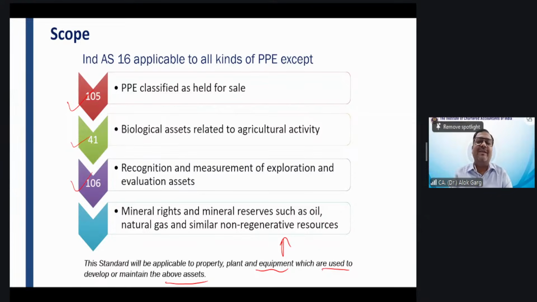So Sai Kiran, in this example, these animals who are entertaining the audience and performing in a circus are not related to agricultural activity. In which standard will these be covered, Ind AS 41 or Ind AS 16?